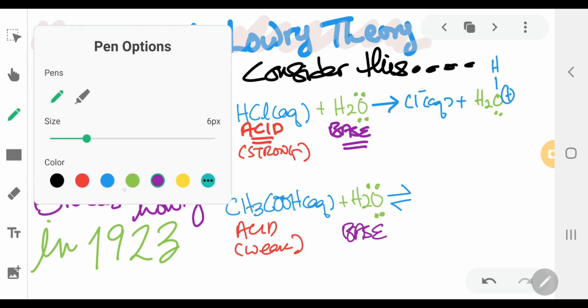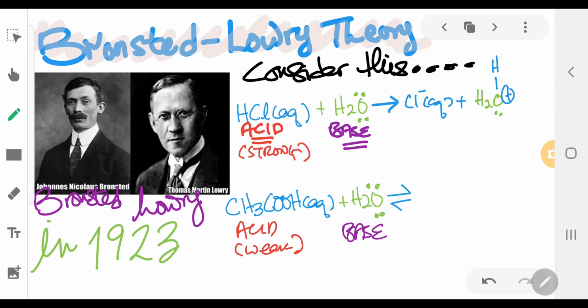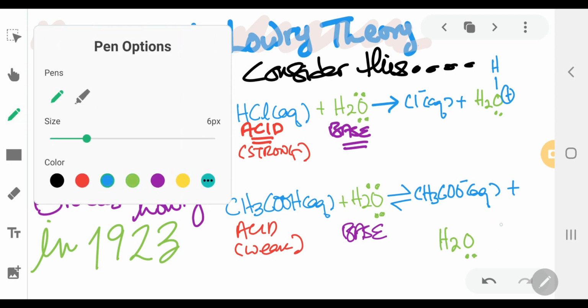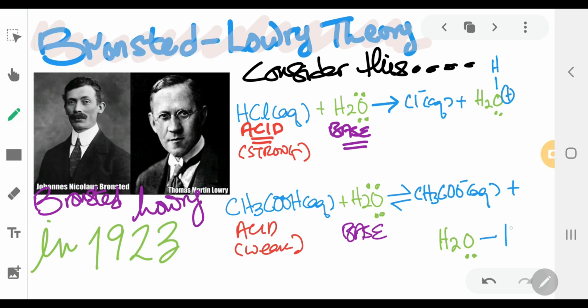And you will be producing CH3COO minus aqueous plus H2O, one lone pair left, and the other one will take the H, and you have a plus charge on the oxygen.